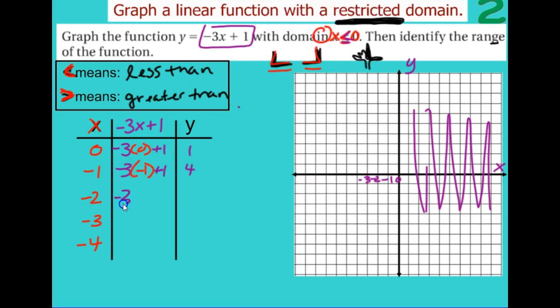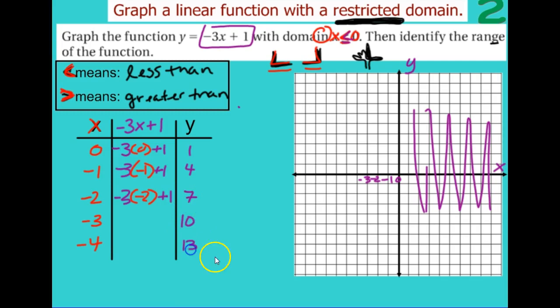Then we're going to plug in a -2. -3 times -2, and then plus 1. A negative times a negative makes a positive. 3 times 2 is 6. 6 plus 1 is 7. You can see our pattern 1, 4, 7. We're going up by 3. So if we go up by 3 again, that will give us 10.